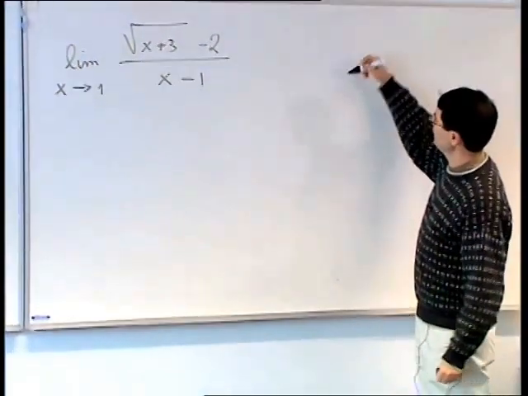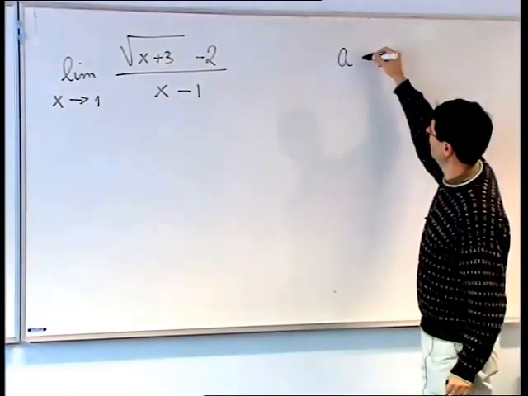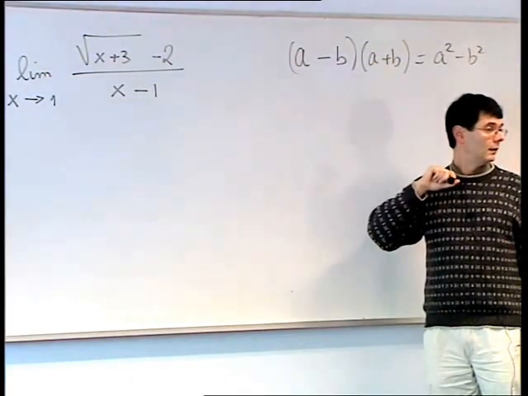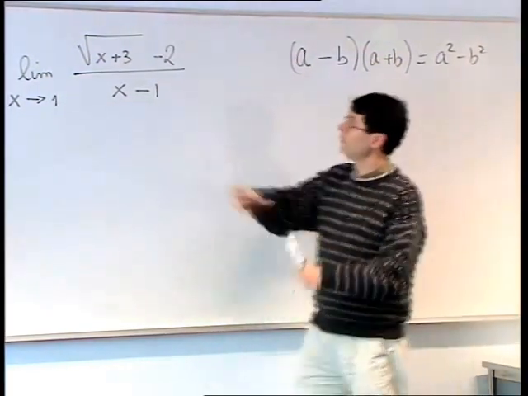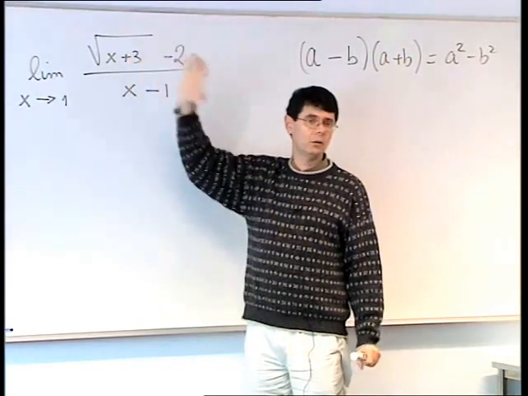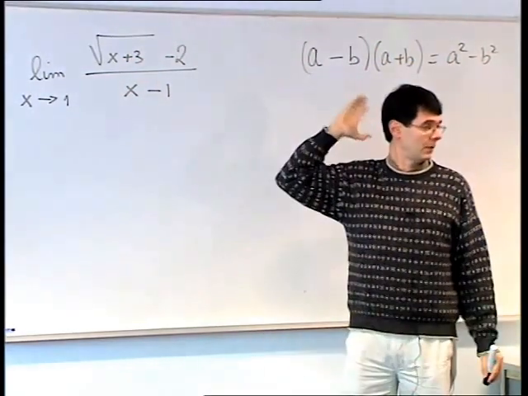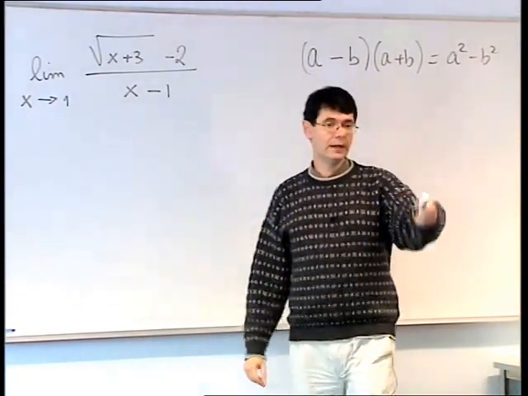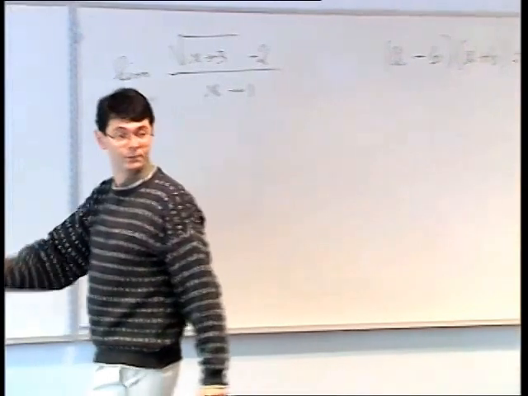We used that formula, okay, to get rid of the square root here. I'm not going to reproduce everything, but remember, there was a formula like that. Well, forget that. We have a better way to do it now, and it's L'Hopital's rule.